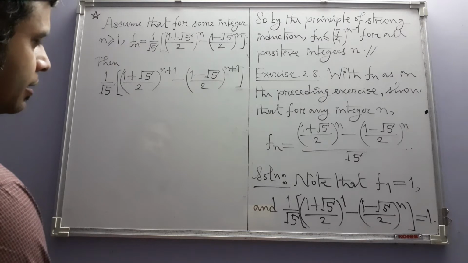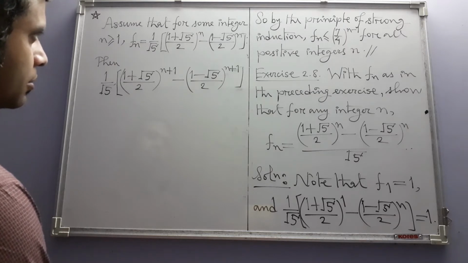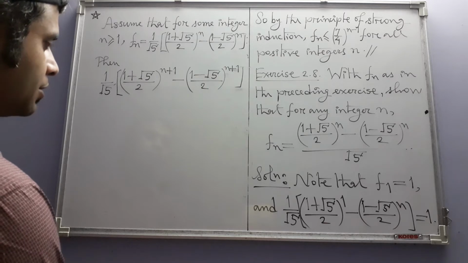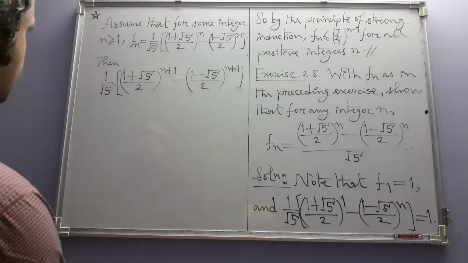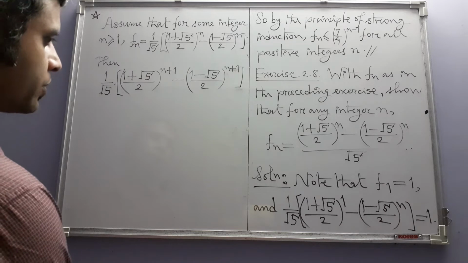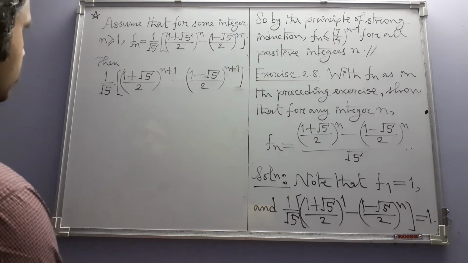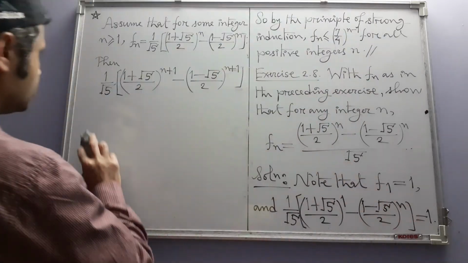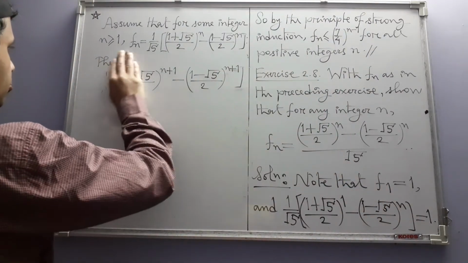Or we can in fact start with Fn plus 1 itself, because otherwise how are we going to get Fn plus 1? But for that to happen, I should have checked another value, that is n equal to 2.